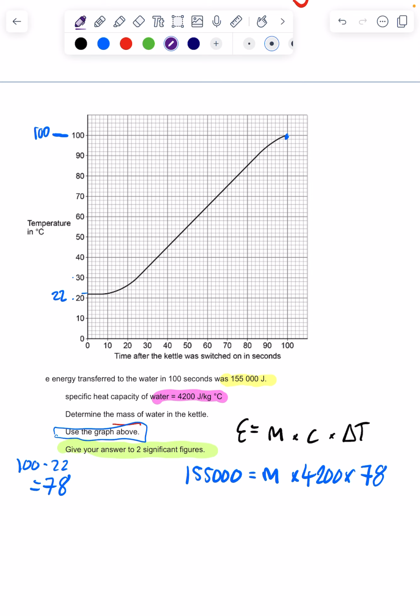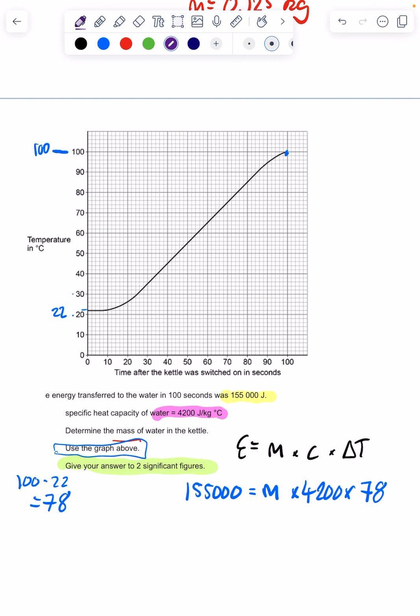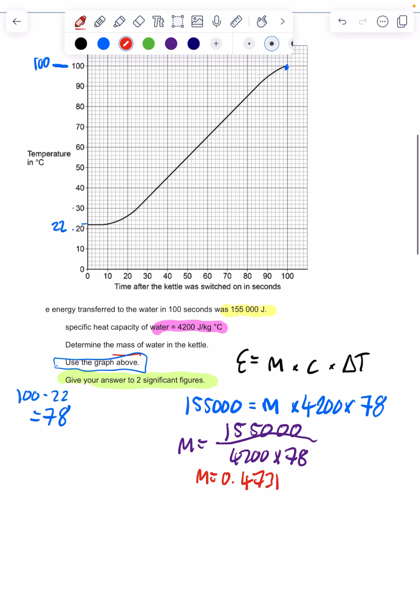We then rearrange our calculation: the mass is 155,000 divided by 4,200 times 78. When we put that into our calculator, the mass is 0.4731. However, we want to answer this to two significant figures, so the mass is equal to 0.47.